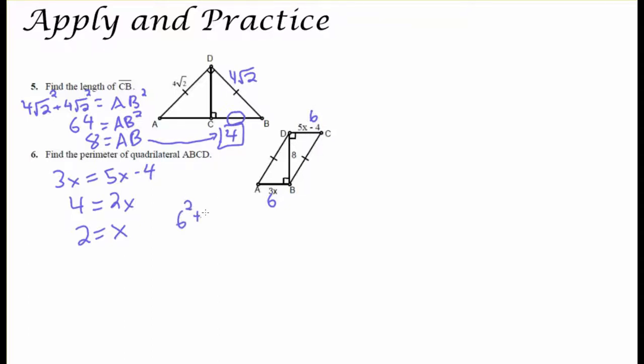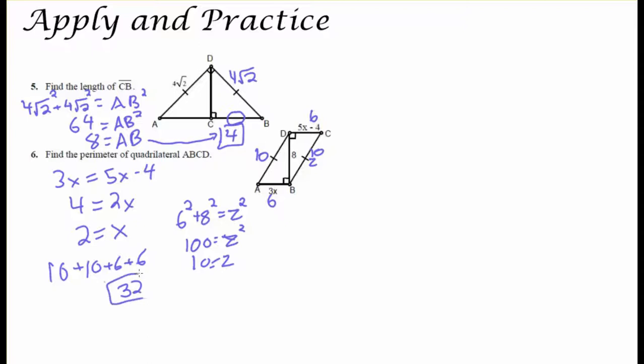But now I don't know AD or BC, so I again will use the Pythagorean theorem and set up that 6 squared plus 8 squared should equal BC squared or AD squared. In this case, I could use the variable z. So I add up the other side and I get that z squared equals 100 and that z equals 10. So now after adding up all the sides together, 10 plus 10 plus 6 plus 6, we should get a total and final perimeter of 32.